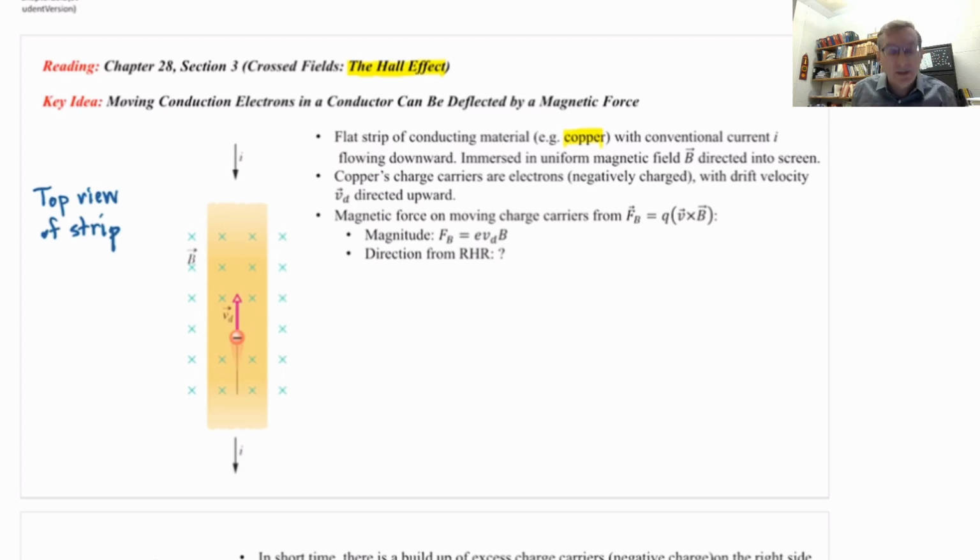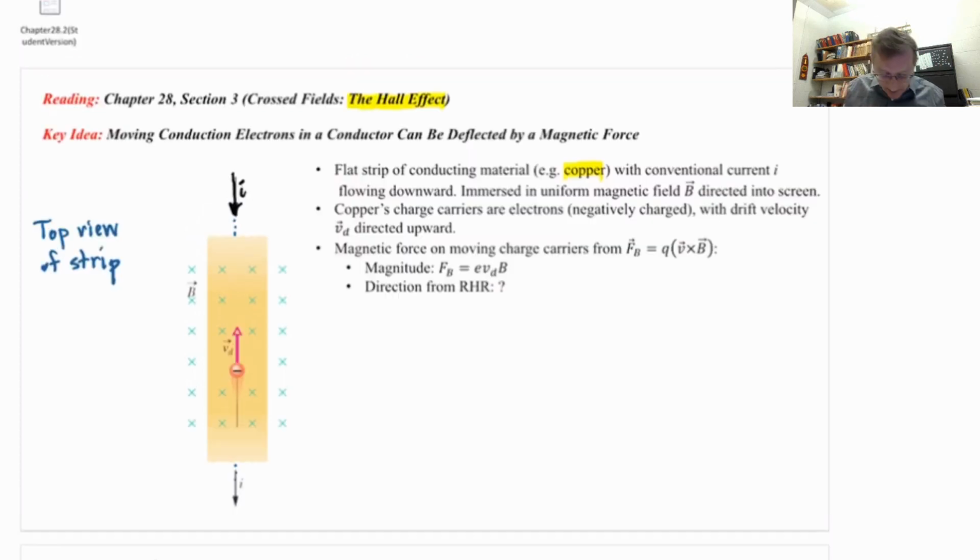See the part in orange? That's the copper strip. And it goes on and on and on that way and that way. And it's got a certain dimension this way, which if you want, you might call the width. And it's got a certain thickness going into the screen, which you can't even see in this top view. Now we have set up, as I said, a conventional current I, flowing as we look down from above in this direction.